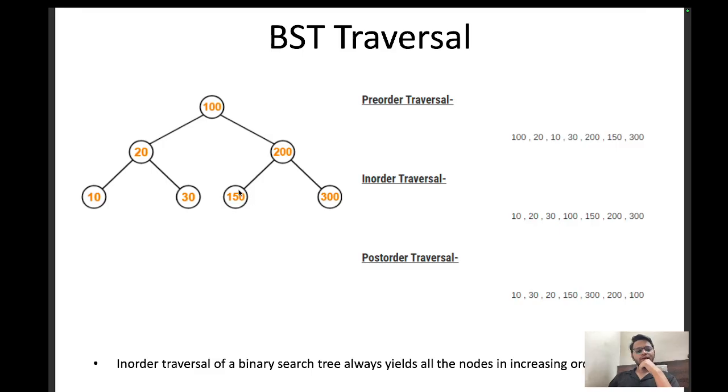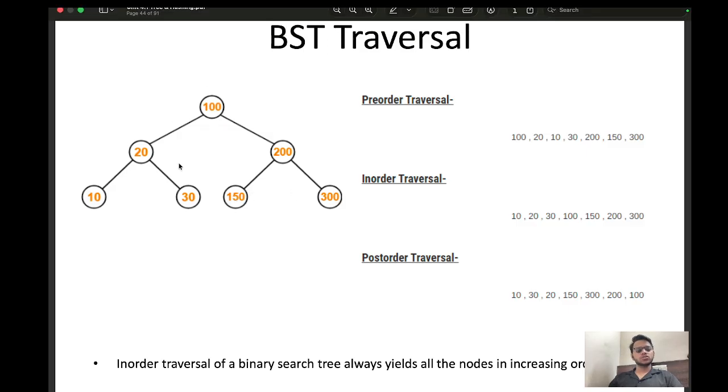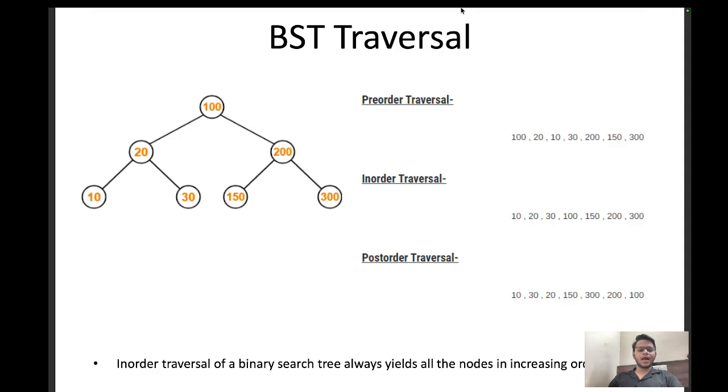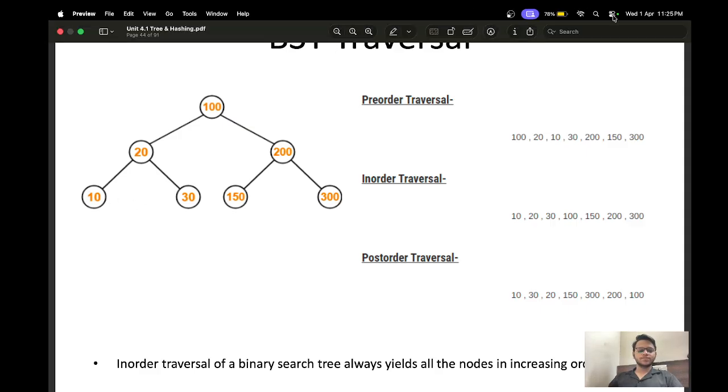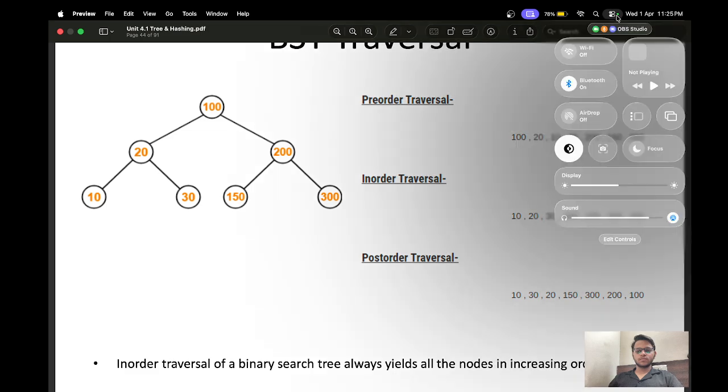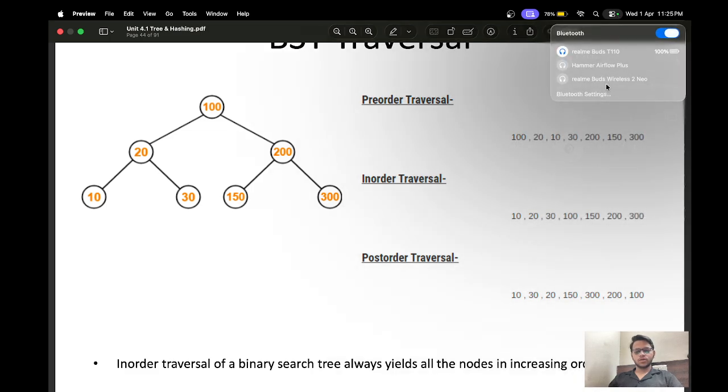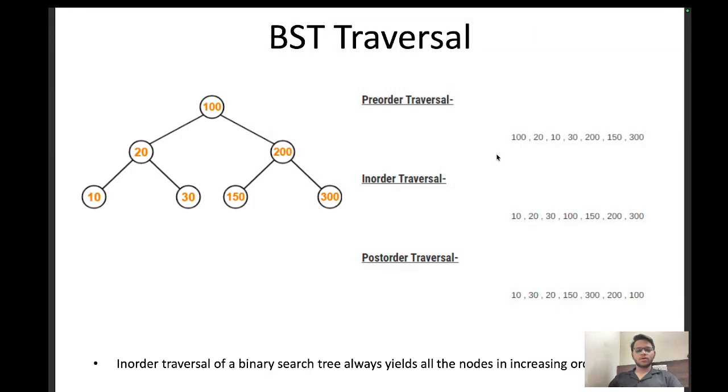So we write 20 as the parent node, and then we have to find the left and right child of this parent node 20. The left child is 10, and the right child is 30. If we arrange this into an order, then we get 100, 20, and 10.